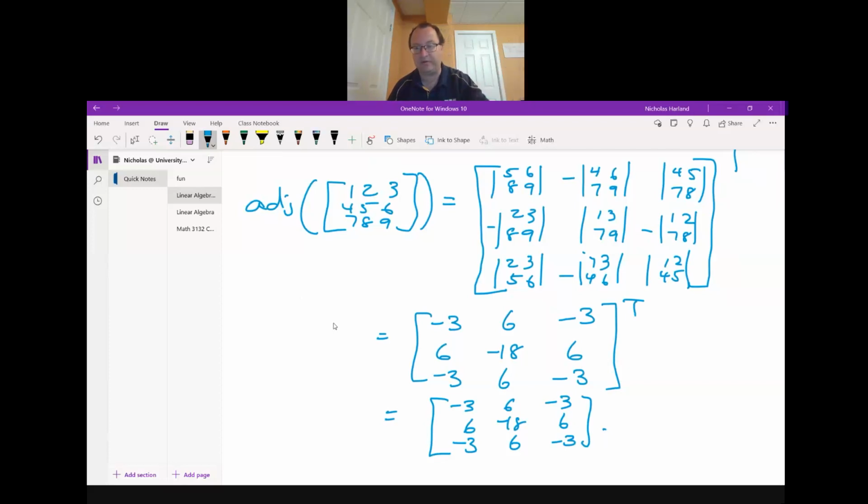So if you found the determinant, every cofactor gives you an entry in the inverse. So if you only needed to find 1 or 2 entries in the inverse, then you wouldn't need to find them all. And that can give us some benefit. So even if it seems like more work to find the entire inverse, there are some uses for this, because sometimes we don't want to find the entire inverse.